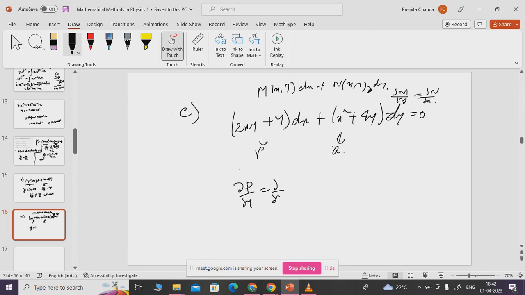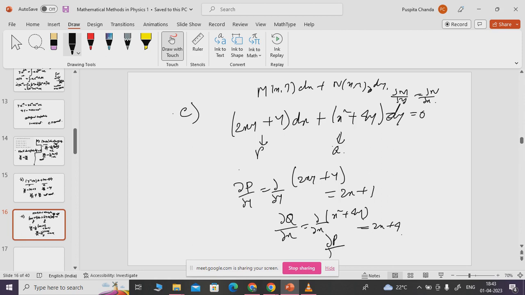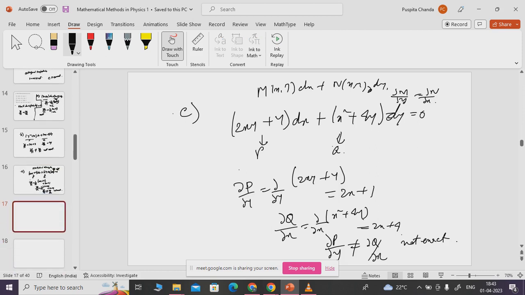So here del P by del y of 2xy plus y is 2x plus 1, and del Q by del x of x square plus 4y is 2x plus 4. So del P by del y is not equal to del Q by del x, not exact.